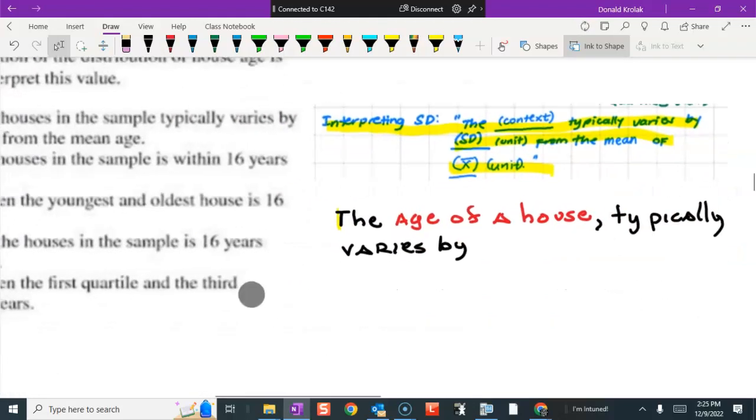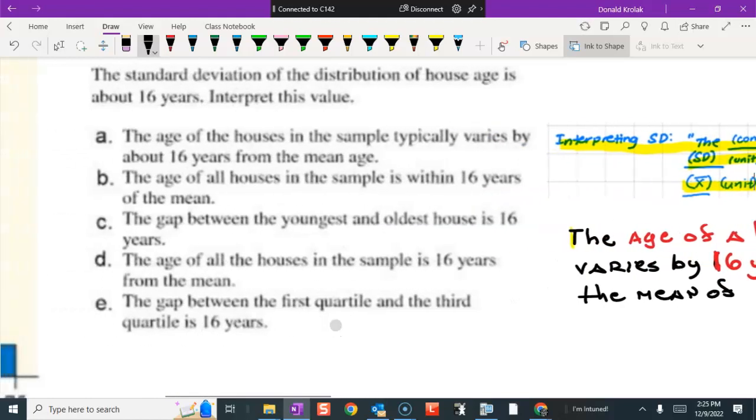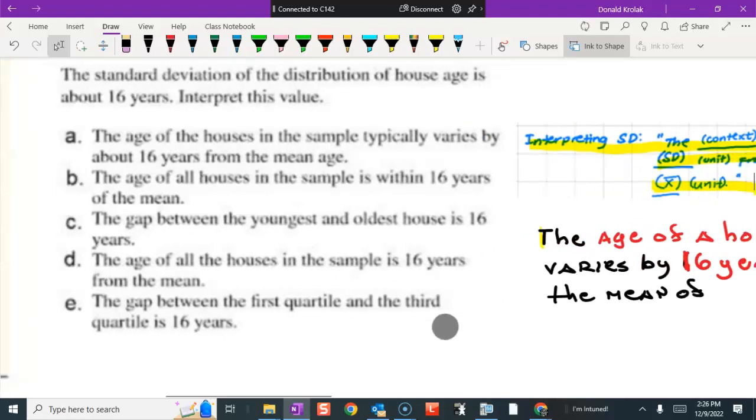Yeah, varies by 16 years from the mean of, now they don't tell us what the mean is in this problem, so we can't fill that in.